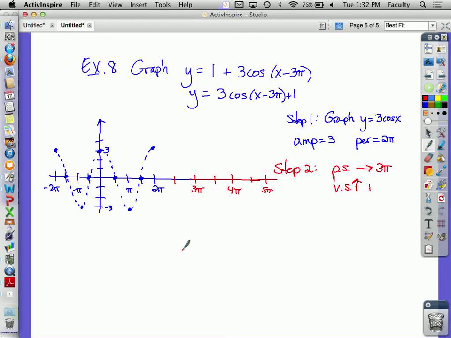A right pi is the same as left pi, isn't it? Isn't that a distance of 2 pi? Oh. That might be mind-blowing here, but for now, we'll just move it right pi. So if I take this, that's now at 3 pi. So that's moving it 2 tick marks, right?